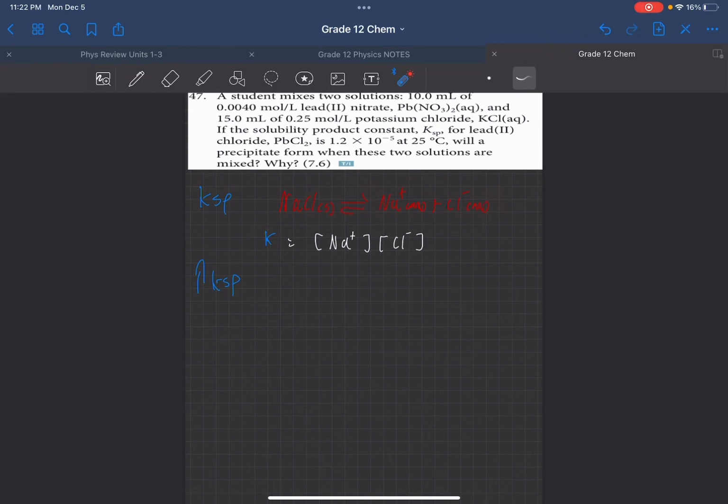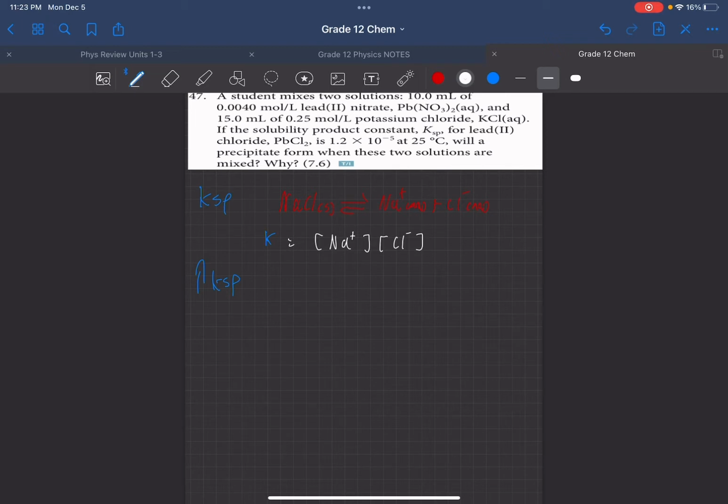And KSP, I forgot to mention, is taken at equilibrium. So we're only looking at these concentrations at equilibrium. This is a perfect point of saturation where the forward rate equals the reverse rate. And I'll talk a little bit more about that a little later in this video. But the greater the KSP is, the more soluble the salt or solid is, right?